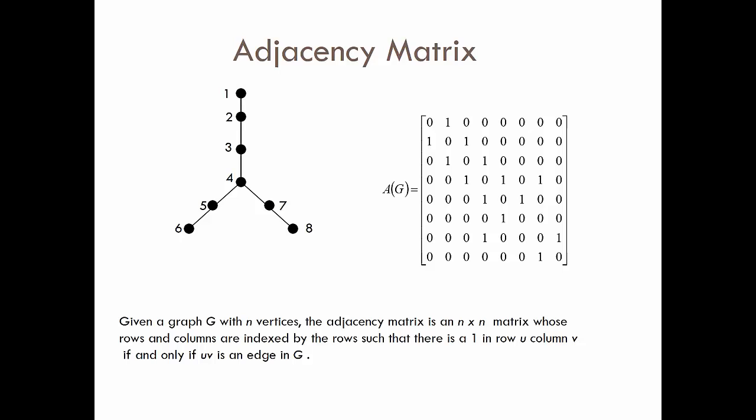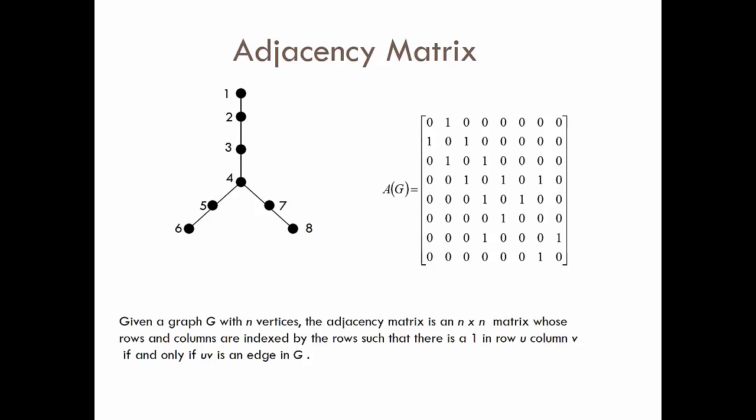Vertex 1 is only adjacent to vertex 2, so in the first row we have a 1 in the second column, and that's the only place. Vertex 2, on the other hand, is adjacent to both 1 and 3, so we have a 1 in the first column and a 1 in the third column.